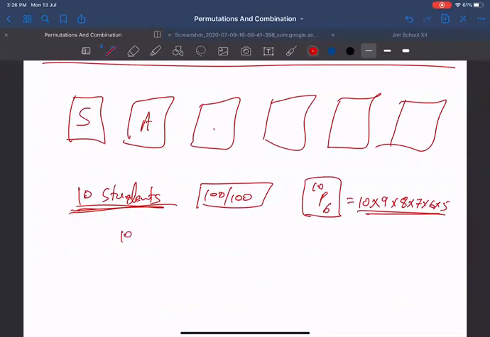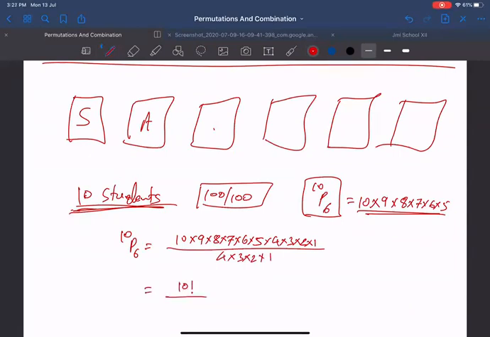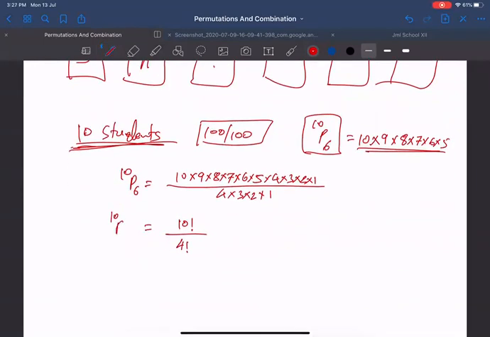Now can you complete the factorial? Yes sir, I can complete the factorial, I just taught you in the first part. Writing 10 9 8 7 6 5 4 3 2 1 divided by 4 3 2 1, which is nothing but 10 factorial divided by 4 factorial, is 10P6.